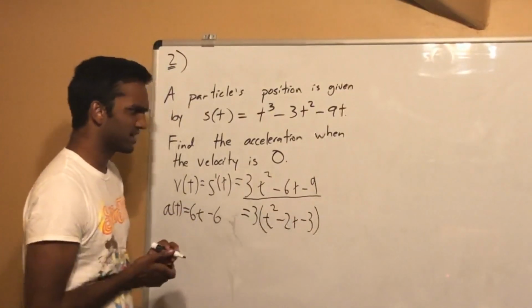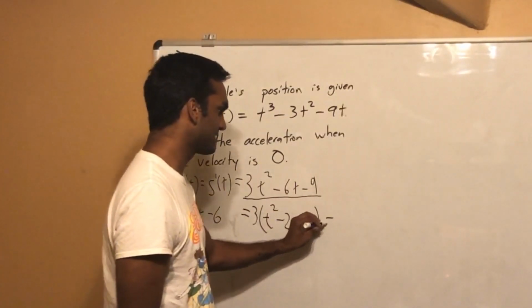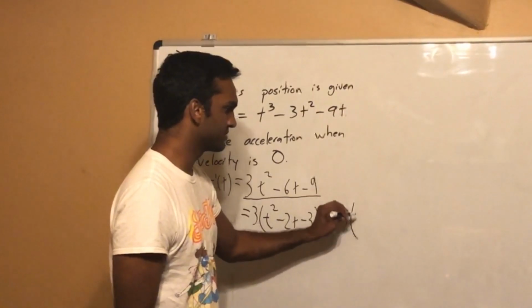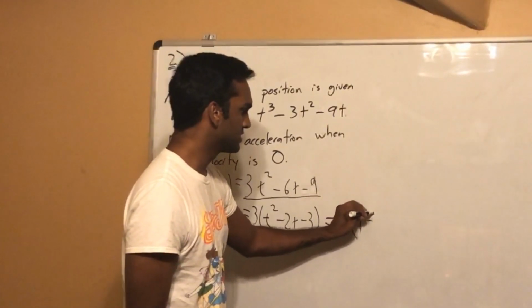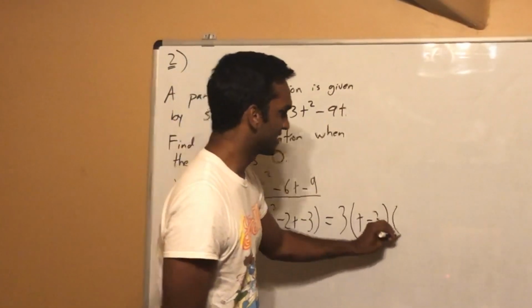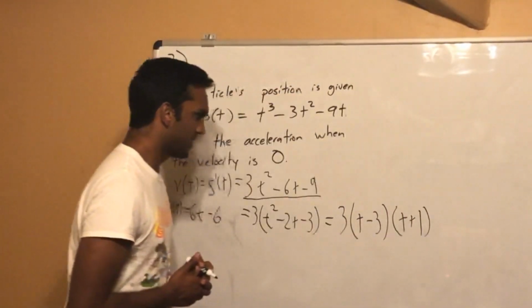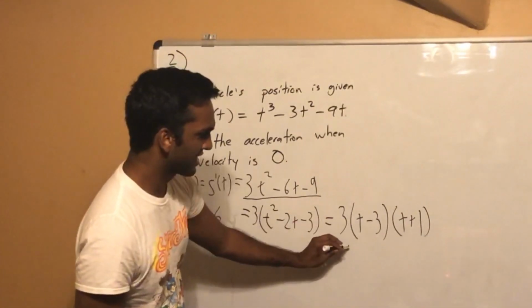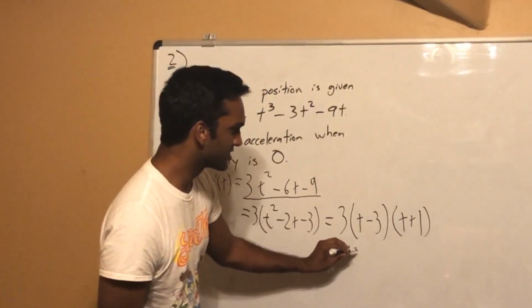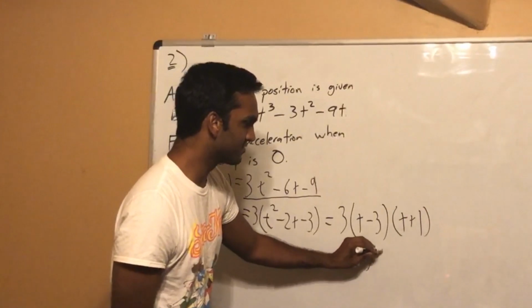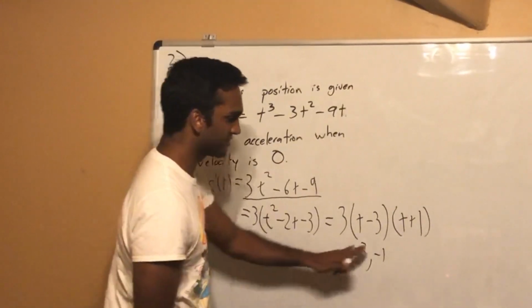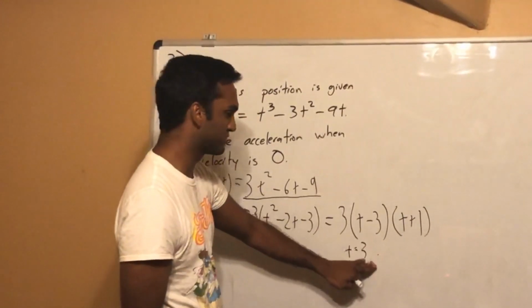And then I can use binomials to find out that that is 3 times t minus 3 times t plus 1. Now that gives us two possible answers of t being either 3 or negative 1. Time can't be negative, so negative 1 can't be a possible option.